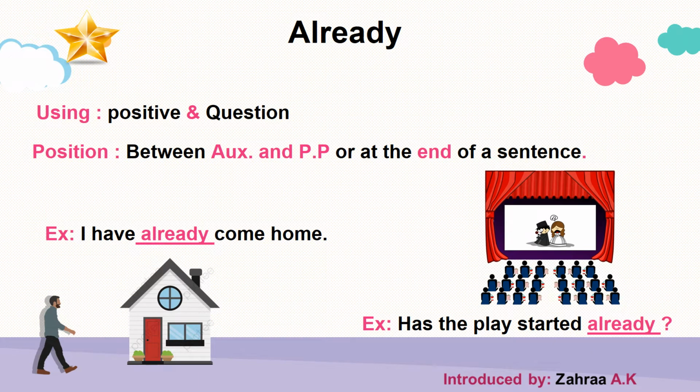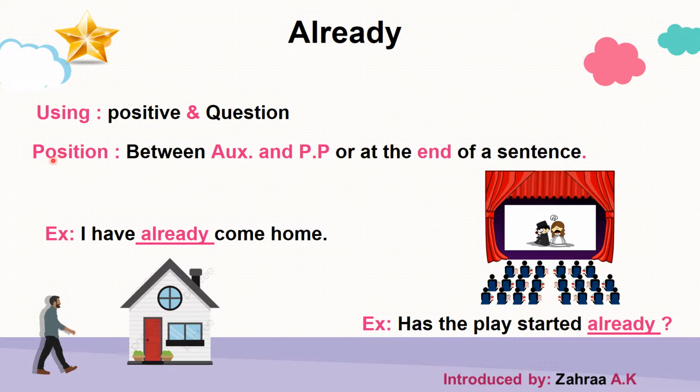The second adverb that we use in the present perfect tense is already. That means something happened sooner than expected. الظرف الثاني وهو already معناه سابقا، يعني شيء حدث أقرب مما هو متوقع له. So the use of this adverb is in positive and question, the same as just.